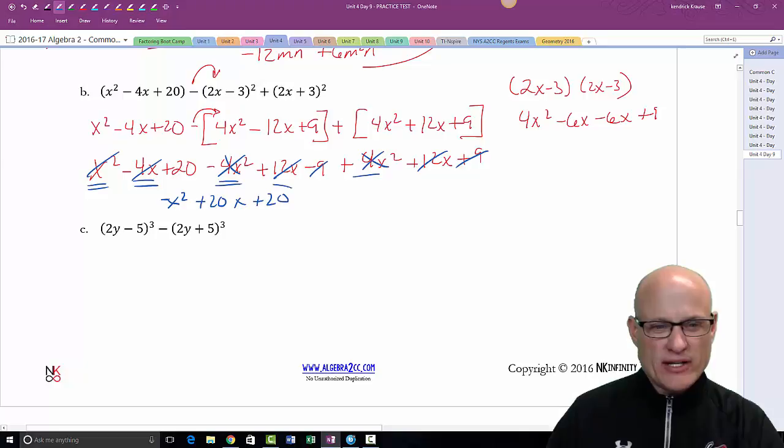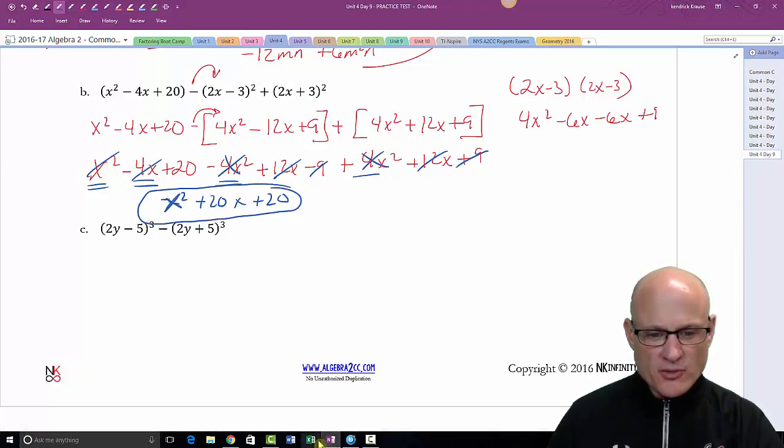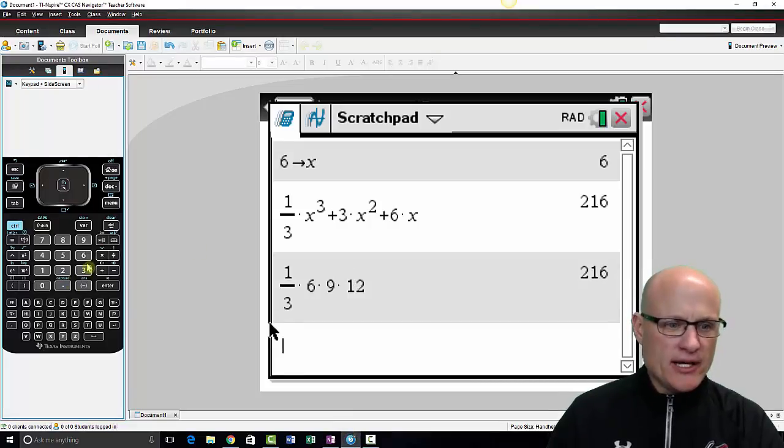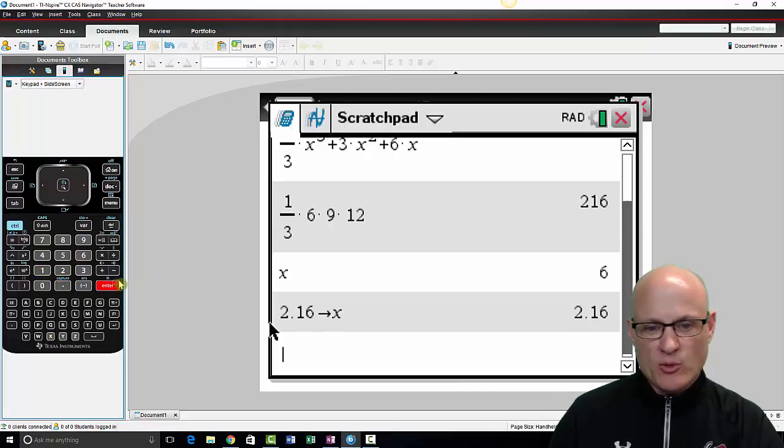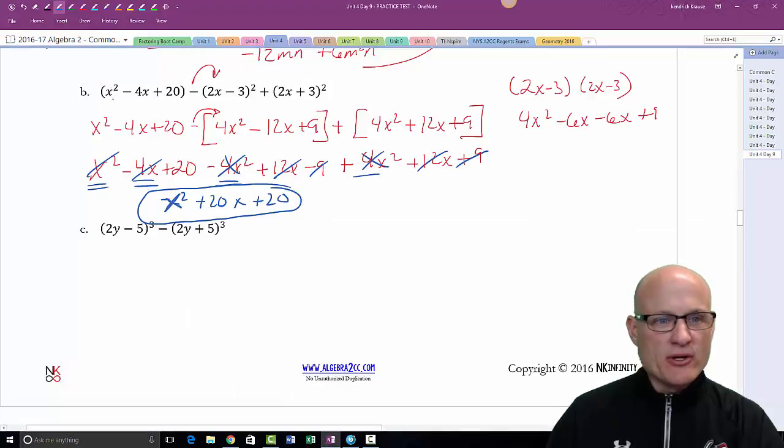Now, because I did that so fast and weird, I'm not sure if this is right. So I'm going to go back to my calculator. I don't like using normal numbers when I check. I'm going to type in the original.